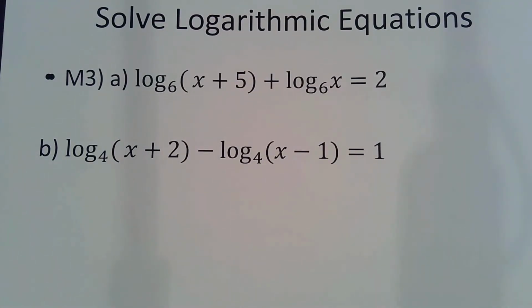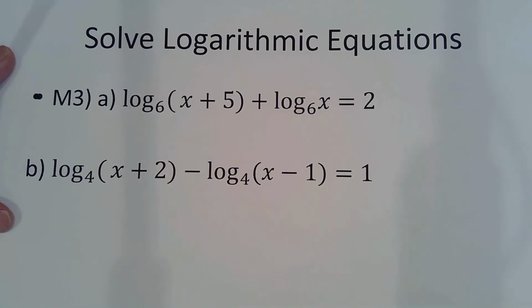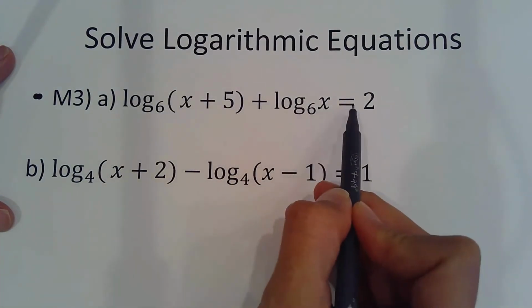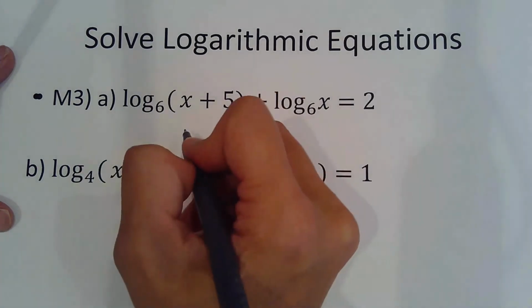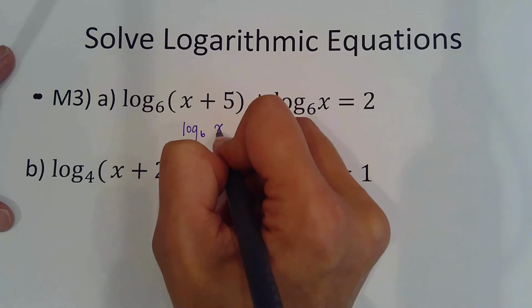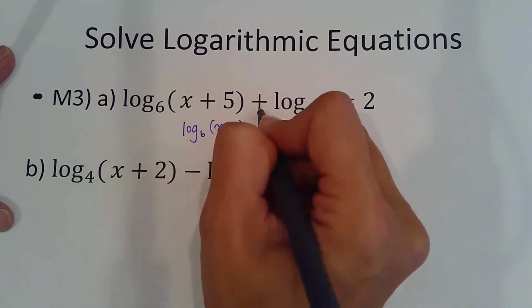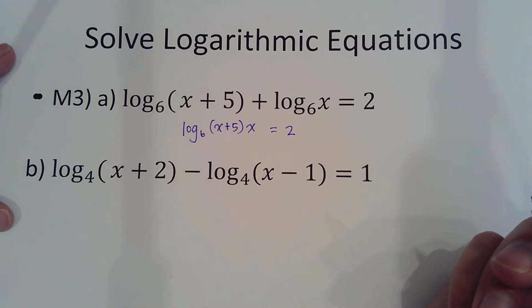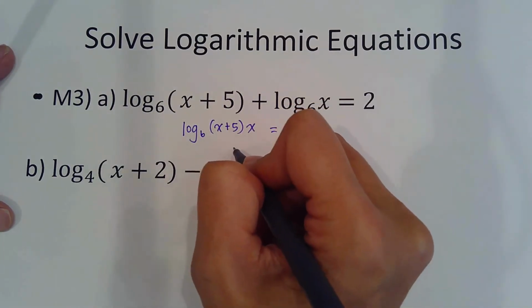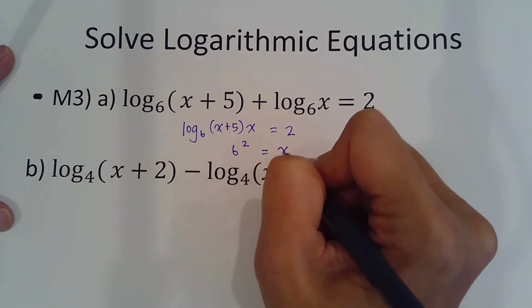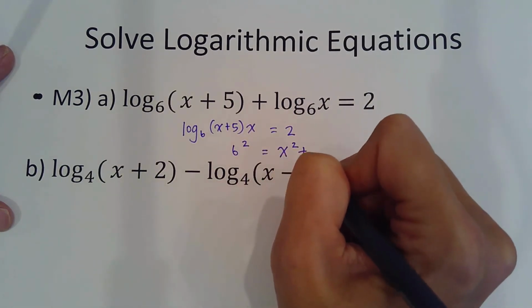All right, let's look here. So I have log base 6 of x plus 5 plus log base 6 of x is equal to 2. So the first thing I want to do is combine these. So this is going to be log base 6 of x plus 5. There's a plus sign there, so that's going to be a times an x is going to be equal to 2. Okay, so I'm going to rewrite this as 6 raised to the 2nd power is going to be equal to x squared plus 5x.